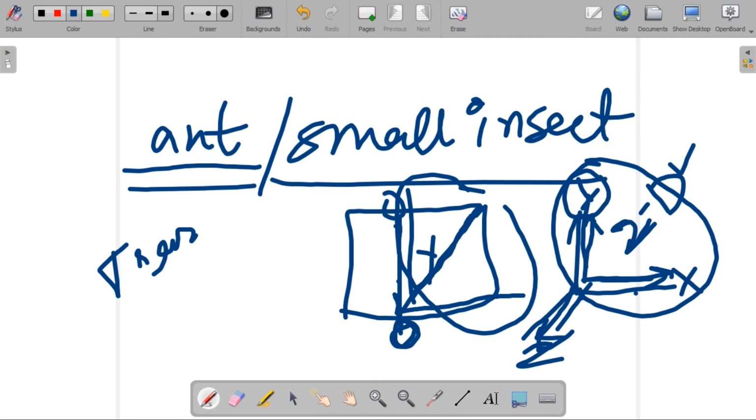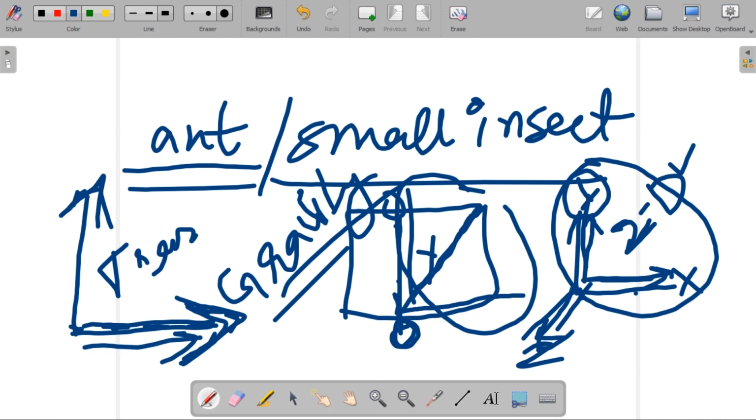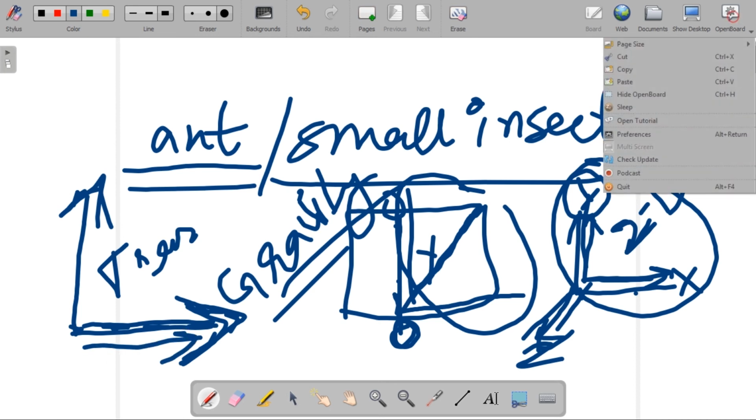Because of gravity, we cannot travel upward; we can only travel horizontally. We can only experience motion in one direction, that is the x-axis. That is what translatory motion tells us.